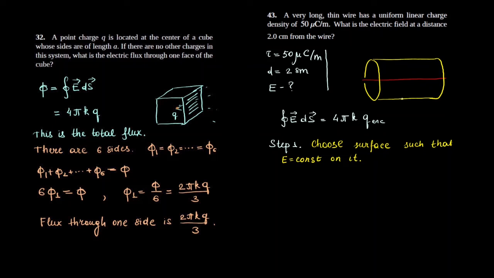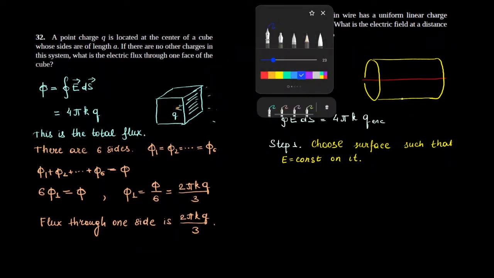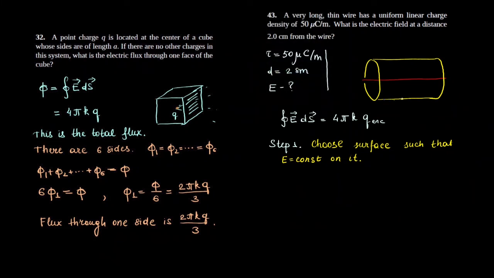So at each point, on the surface of the cylinder, E is constant. So this is a very nice choice, okay.